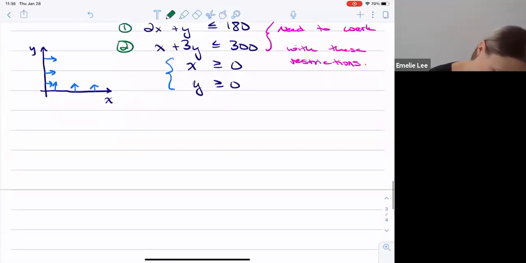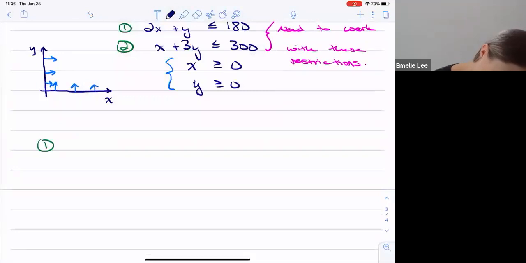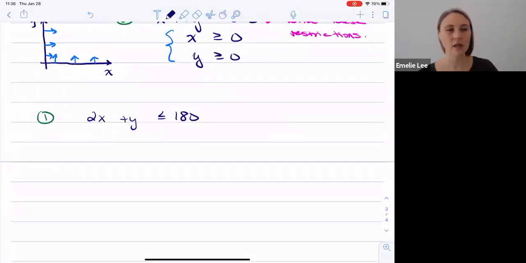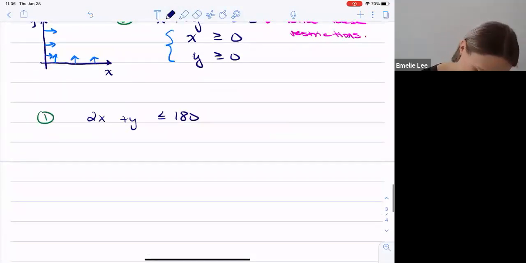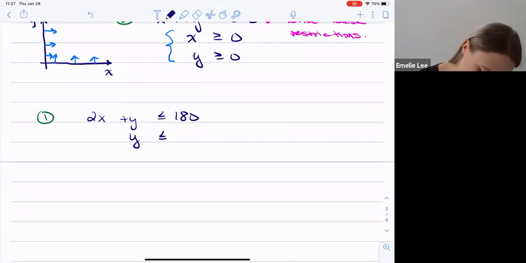Okay, so equation 1, I can rewrite as 2x plus y is less than or equal to 180. If I solve for y here, I have to subtract 2x from both sides. Remember, I only switch the sign if I'm multiplying or dividing by a negative, which does not apply here.